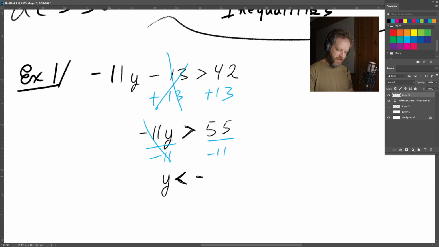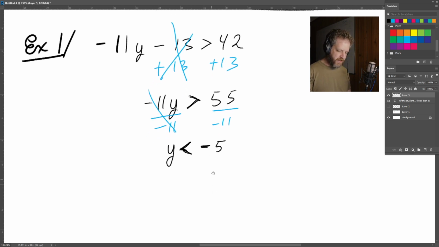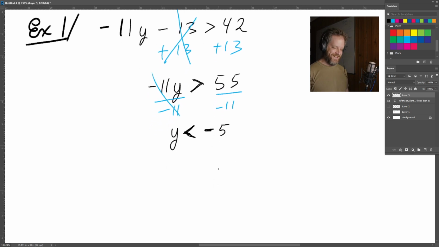Little bit tricksy. y is less than, what's 55 divided by negative 11? Negative 5. So we're going to graph that thing.